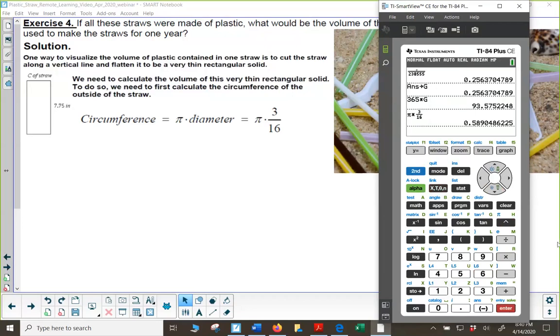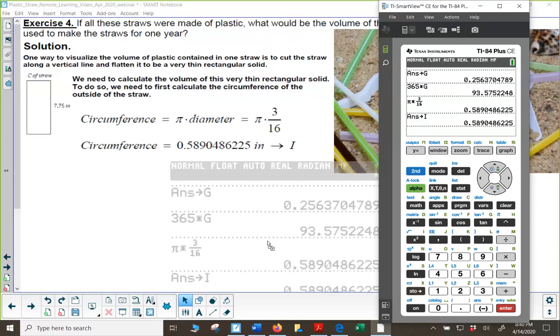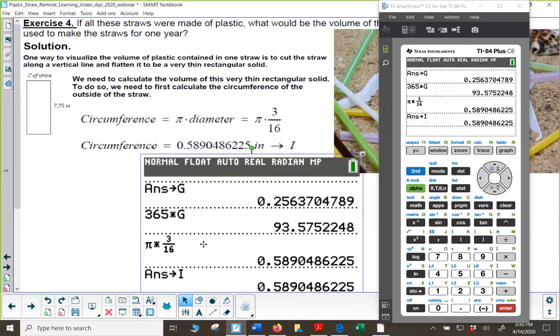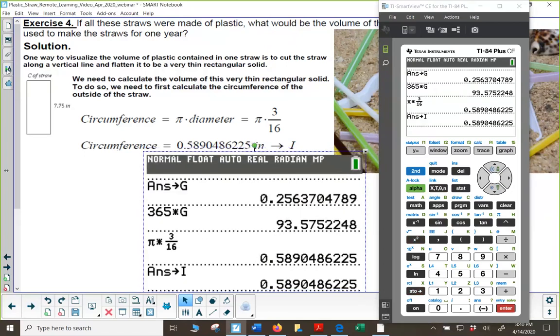And let us store that into something. Store into I. I don't think I stored the last one, but I think I'll be okay. Store into alpha I. There we go. So that's the circumference or the width of my rectangle.